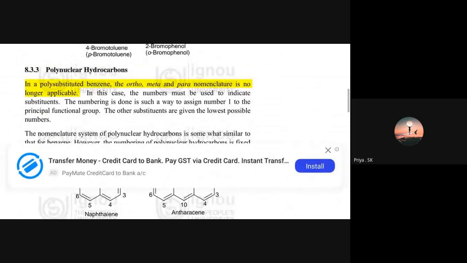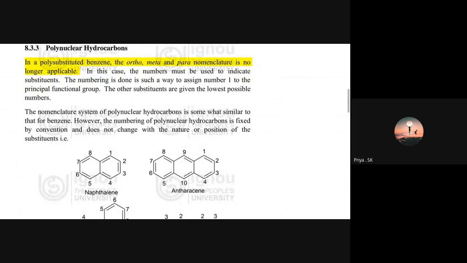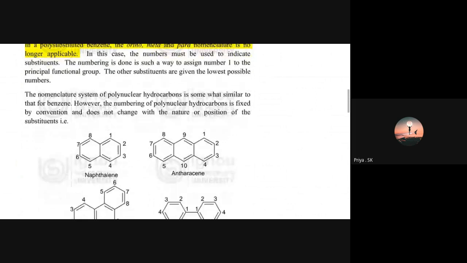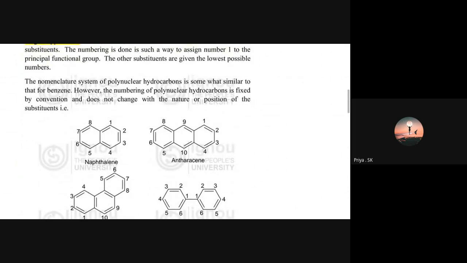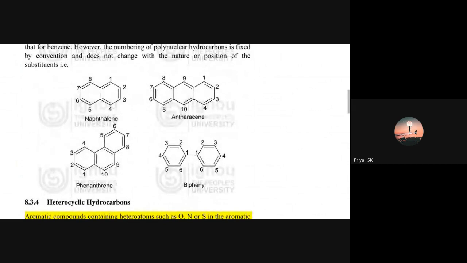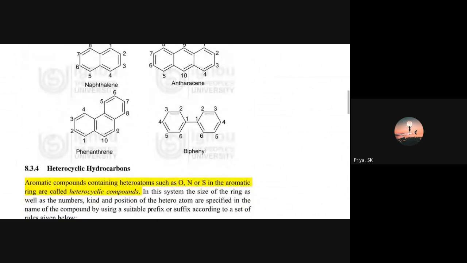Now, polynuclear hydrocarbons. In a polysubstituted benzene, the ortho, meta, and para nomenclature is no longer applicable. If two aromatic rings are attached to each other, it is called polynuclear hydrocarbons, such as naphthalene, anthracene, phenanthrene, or biphenyl products.